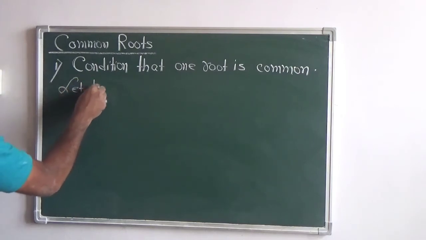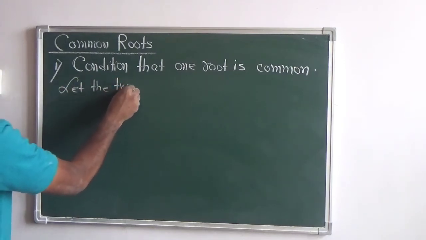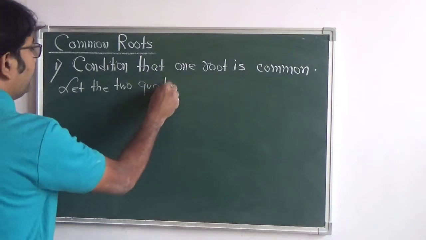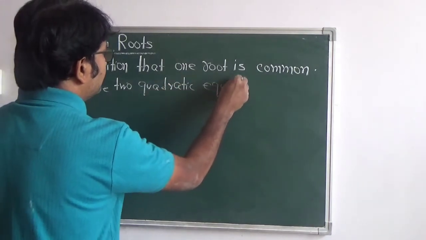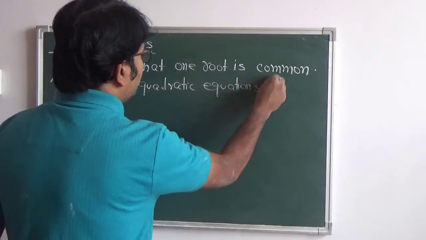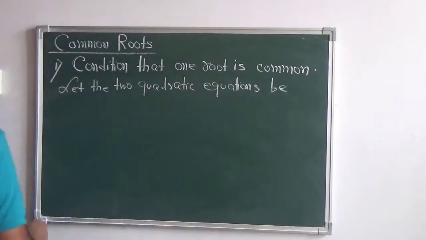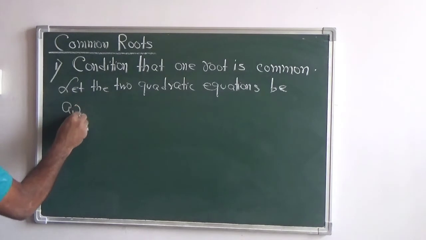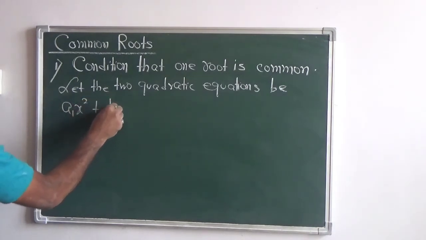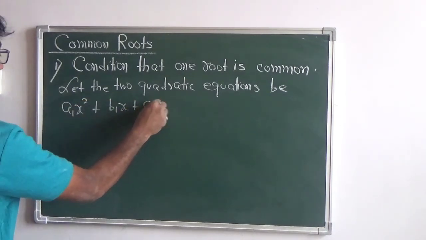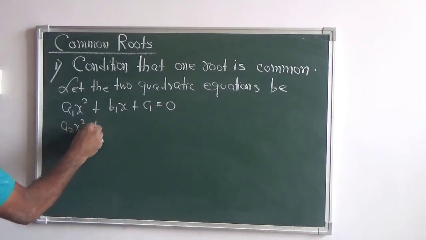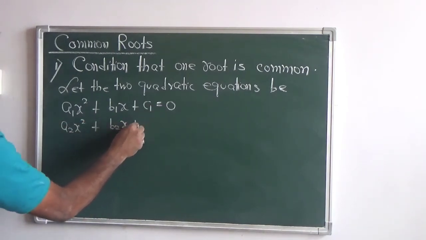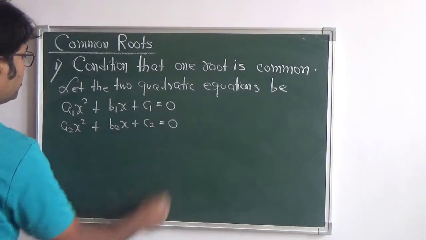So let the two quadratic equations be a1x square plus b1x plus c1 equals 0 and a2x square plus b2x plus c2 equals 0.